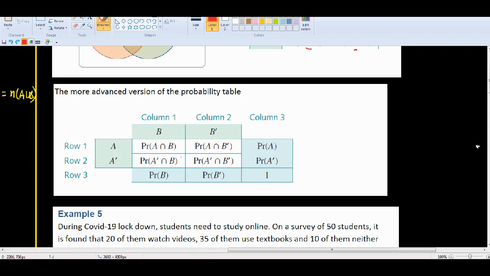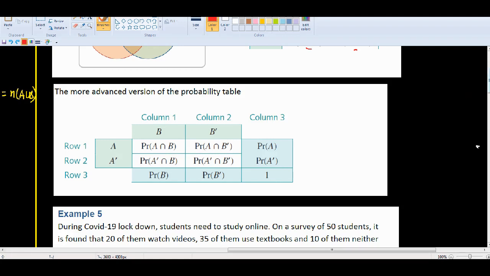So actually that table is more interesting if you add all the columns together and all the rows together, and you will get the probability of a single event. Like you get probability B, probability not B, probability A, probability not A, and when you add the last row or last column together, they must be 1, because A and not A are complementary to each other. Okay, so it's very interesting.